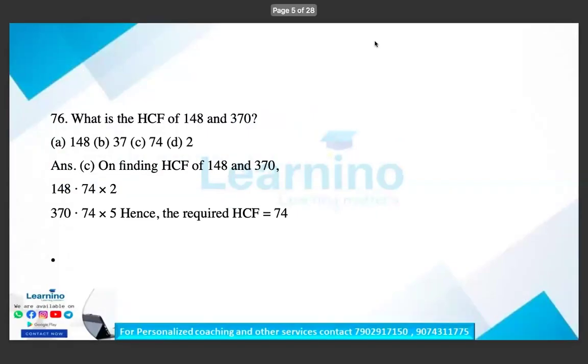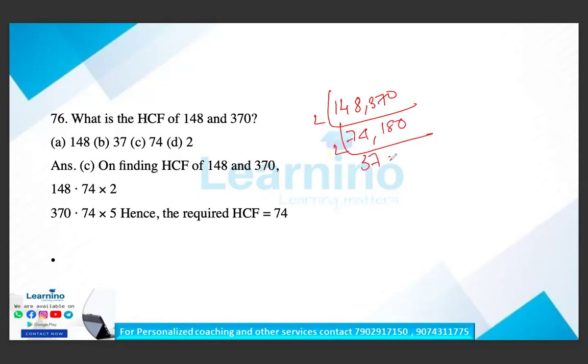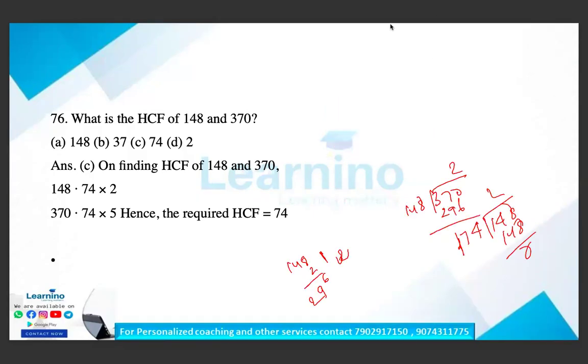Next question. What is the HCF of 148 and 370? On dividing, we can take the division method.